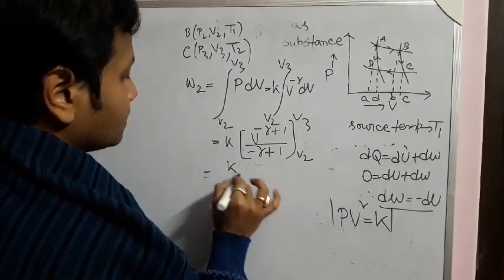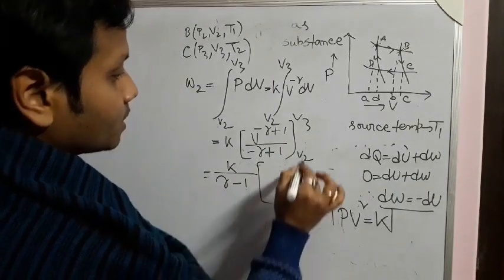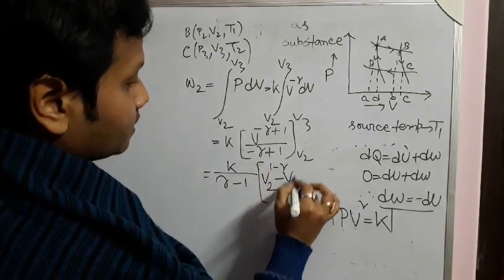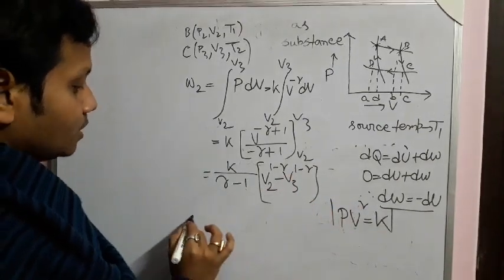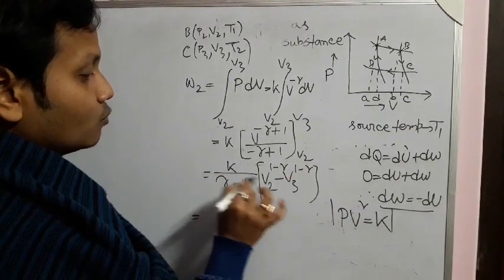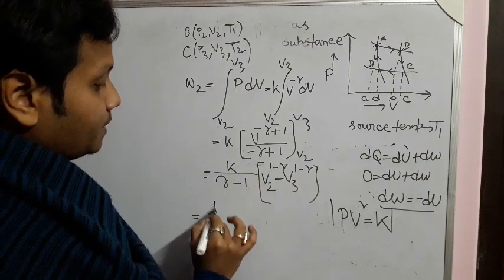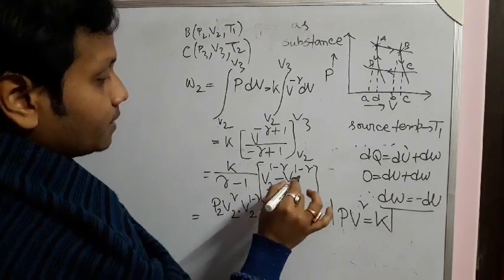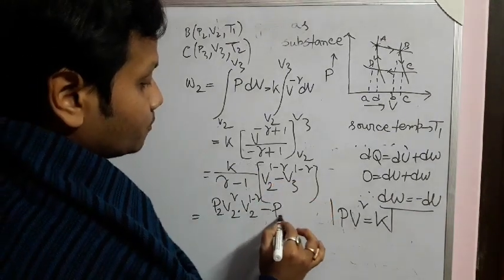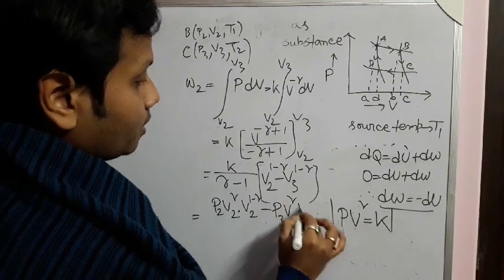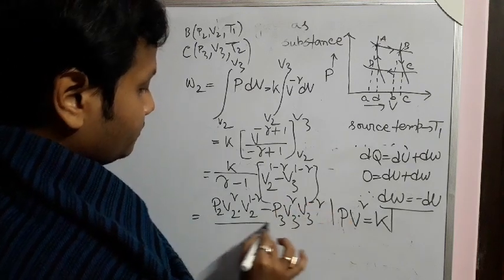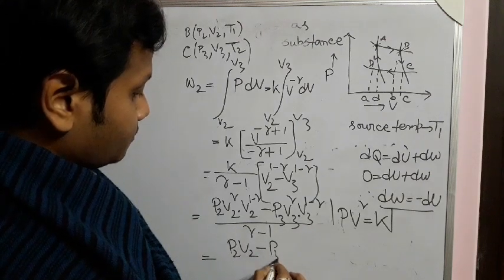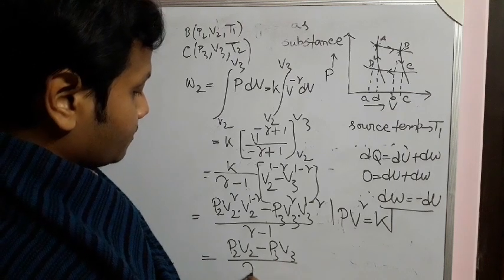Rearranging, we can write K by gamma minus 1 times V2 to the power 1 minus gamma minus V3 to the power 1 minus gamma. When you multiply K with the first term, you substitute P2 V2 to the power gamma for K, and with the second term, P3 V3 to the power gamma. For simplification we get P2 V2 minus P3 V3 by gamma minus 1.